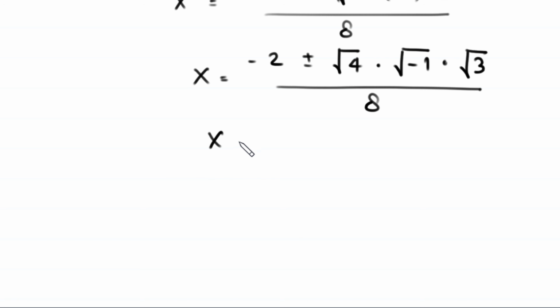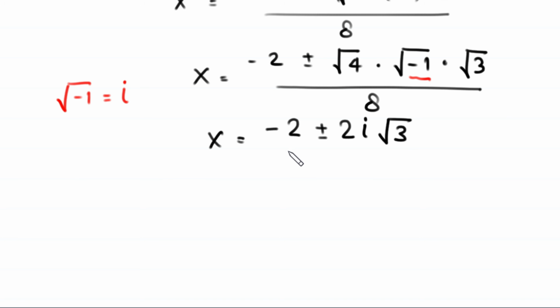Next, x will be equal to negative 2 plus or minus, root 4 will become 2, and because root negative 1 is equal to i, this will become i times root 3, divided by 8.